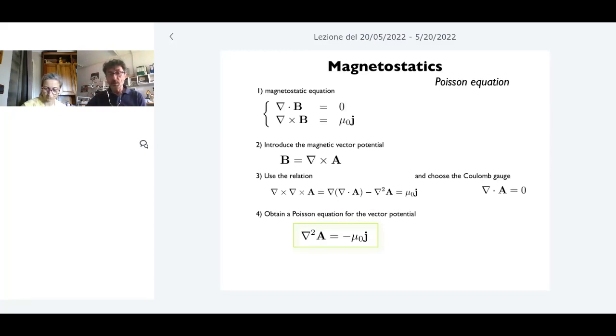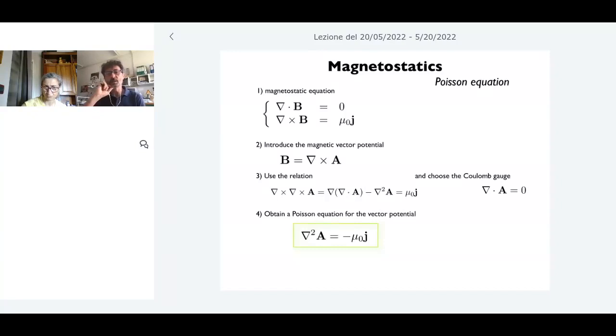But since the divergence of a vector field is equal to 0, we can always assume that the B field is equal to the curl of another field. In this way, if we take the divergence of a curl we have 0. So the first equation is always satisfied. This vector A is called the magnetic vector potential.